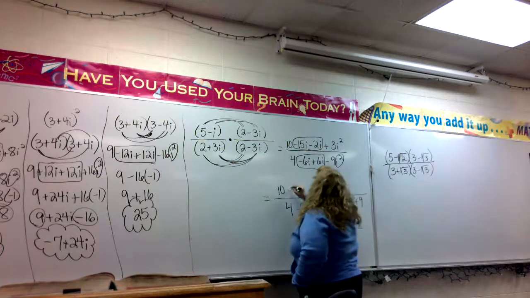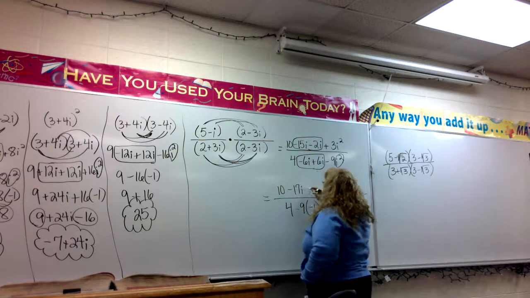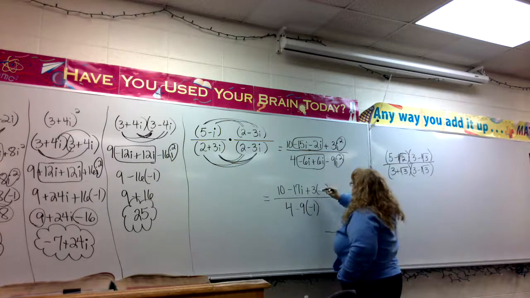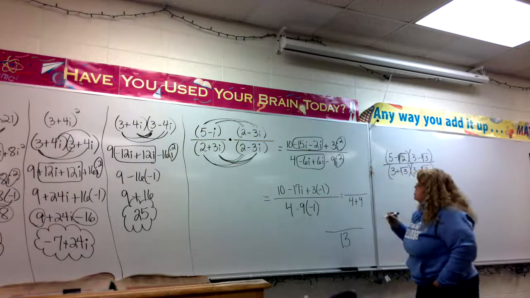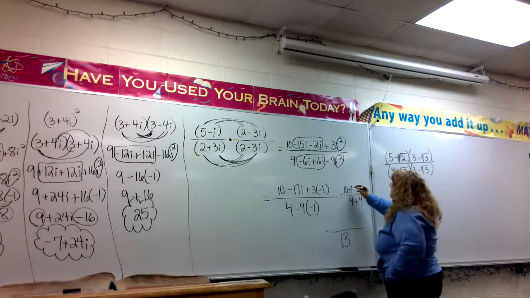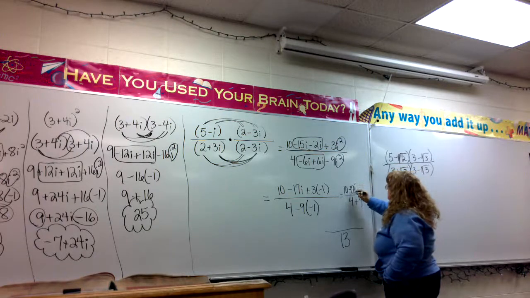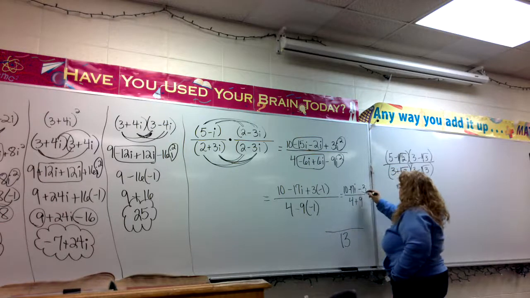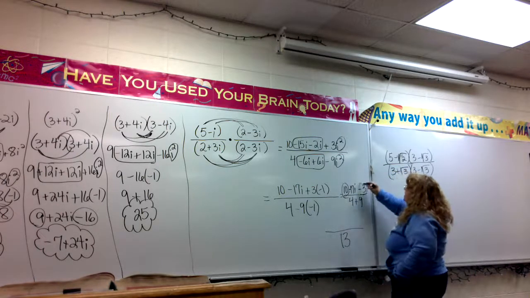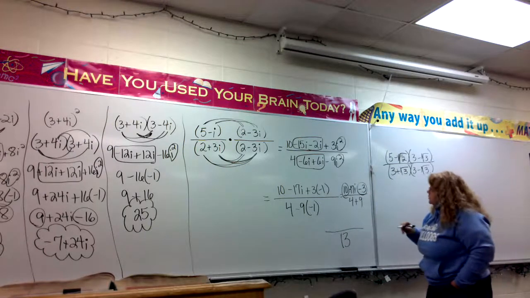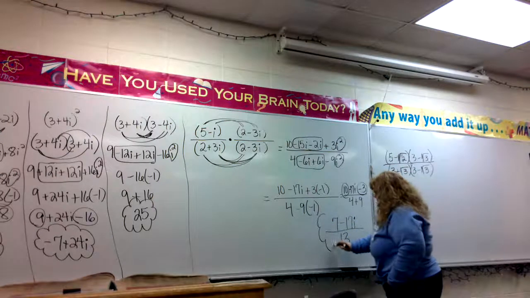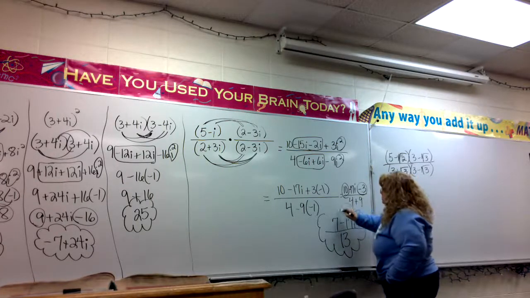So we get 10 minus 17i plus 3 times, what's i squared? Negative 1. So I get 10 minus 17i, and then this is going to be take away 3. 10 take away 3, 7 minus 17i. That can't be reduced because they're all primes.